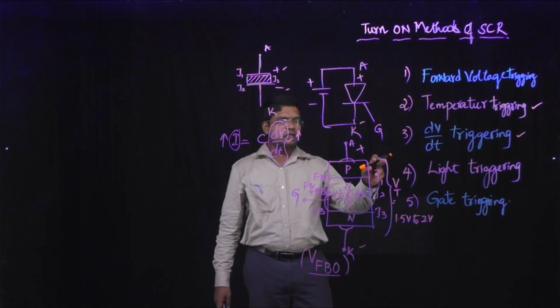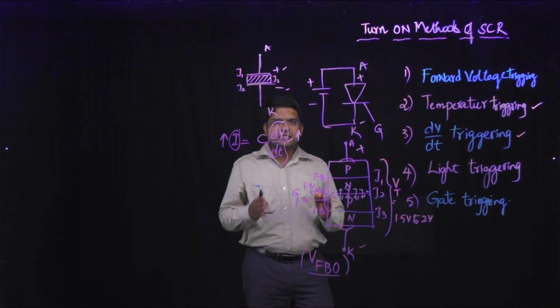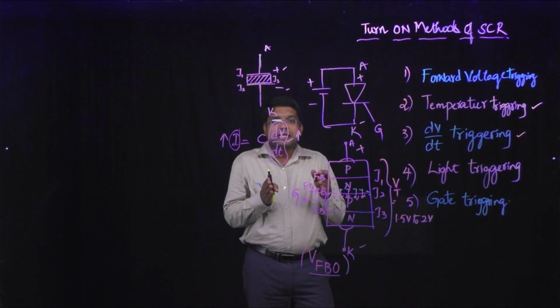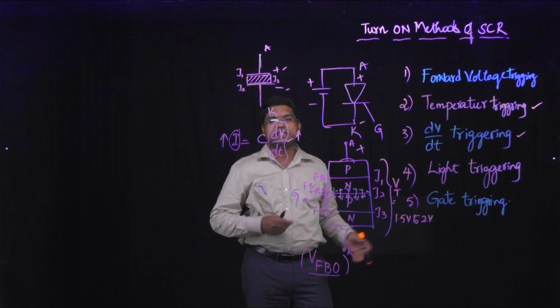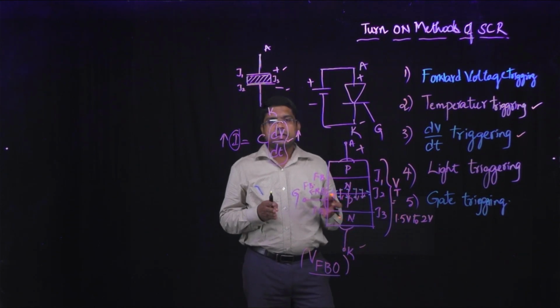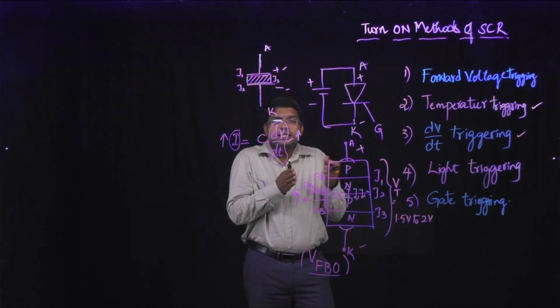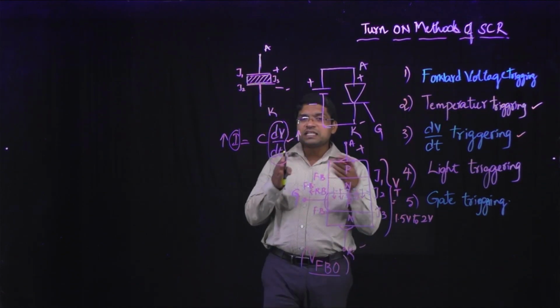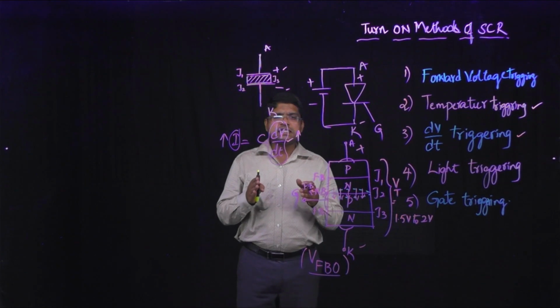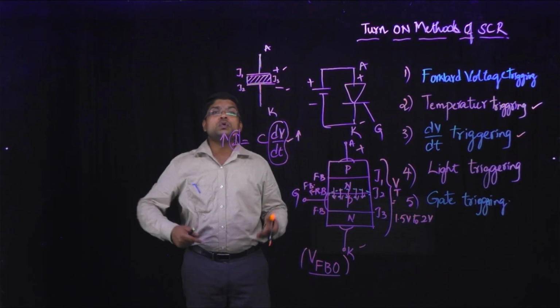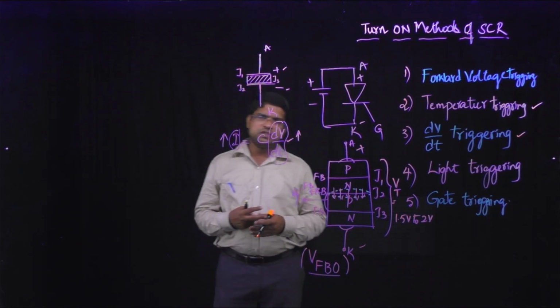Next, number 4, light triggering. An SCR turned on by light radiations is also called a light activated SCR, LASCR. This type of triggering is employed for phase controlled converters in HVDC transmission systems.